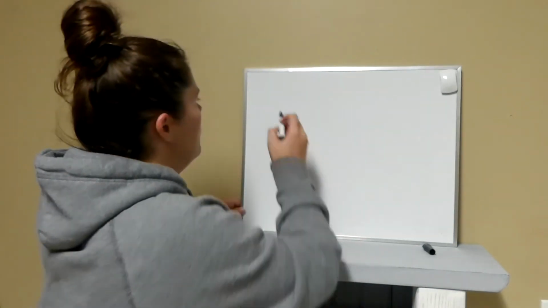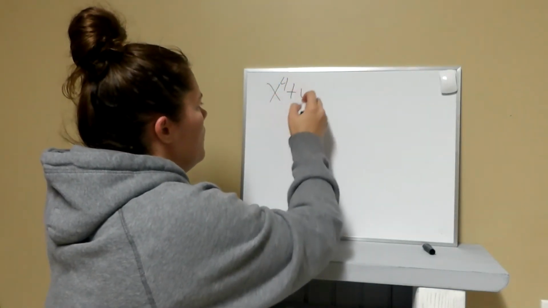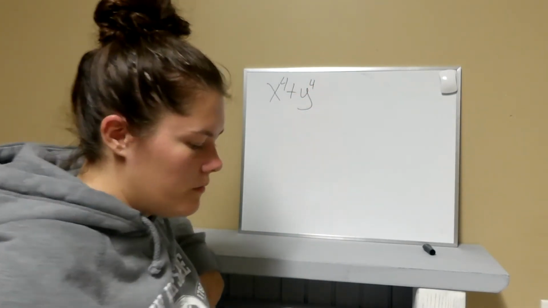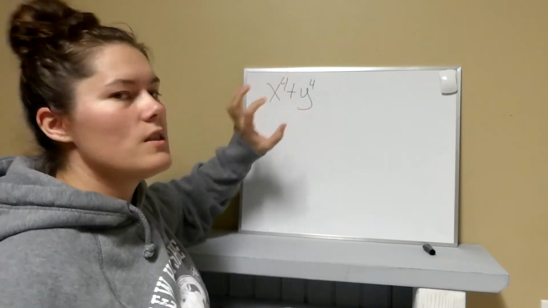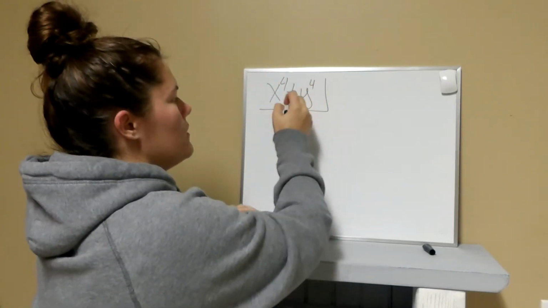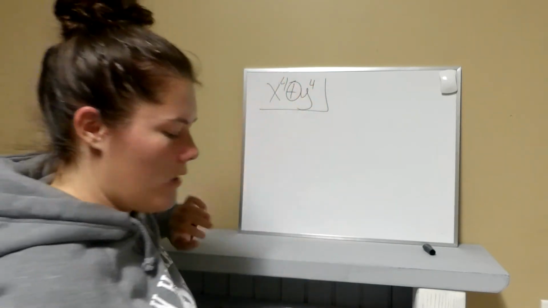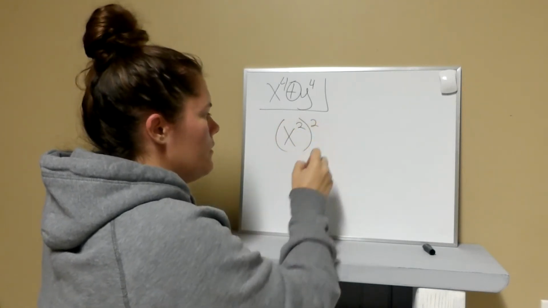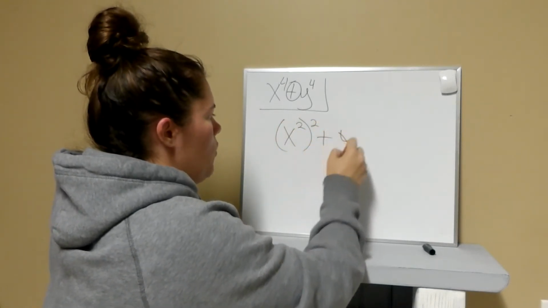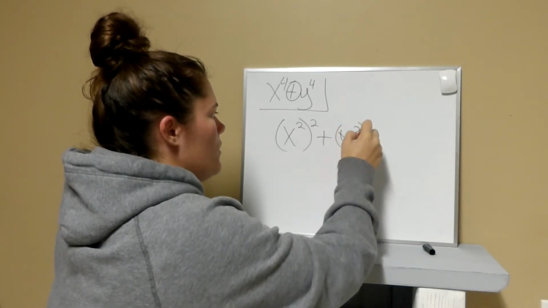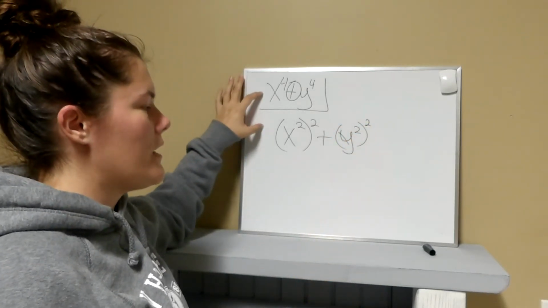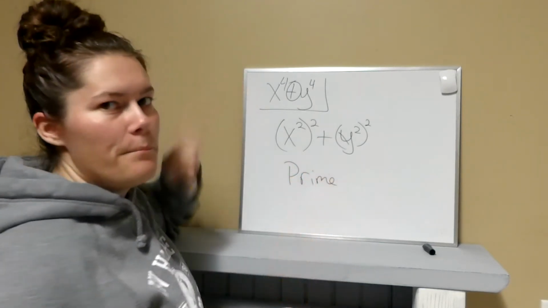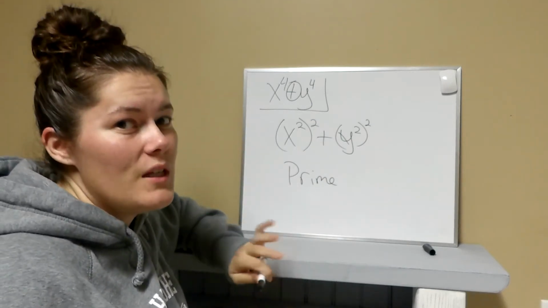Let's do x to the 4th plus y to the 4th. And if you remember, this one is the very special one because it's an addition sign and it's the 4th power. So you could do x squared squared plus y squared squared, which no matter what is going to get you back to x to the 4th power. So your answer again would just be prime. So that is what it would be if it was a positive.